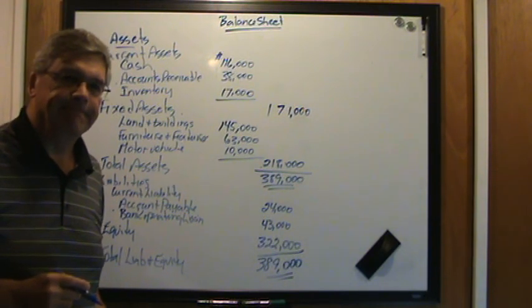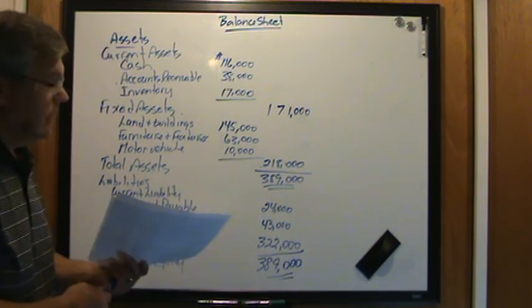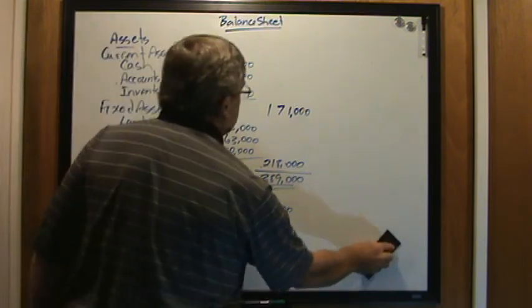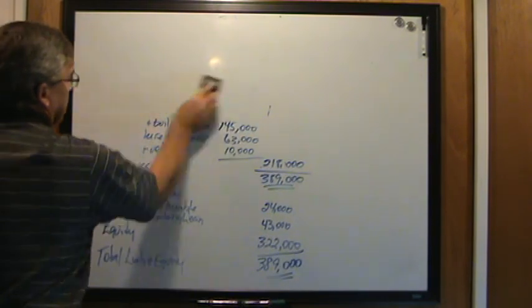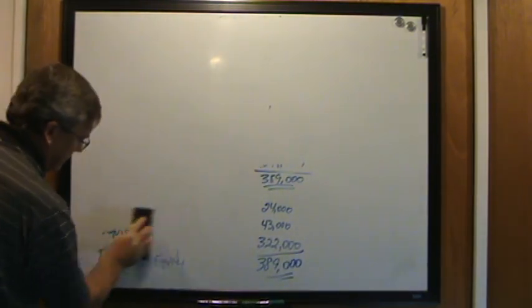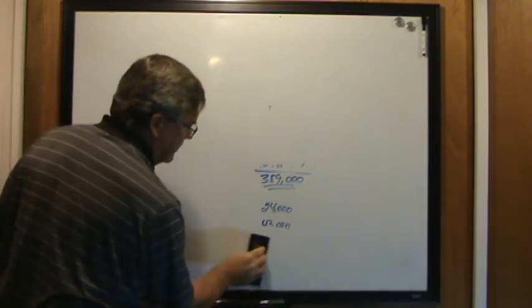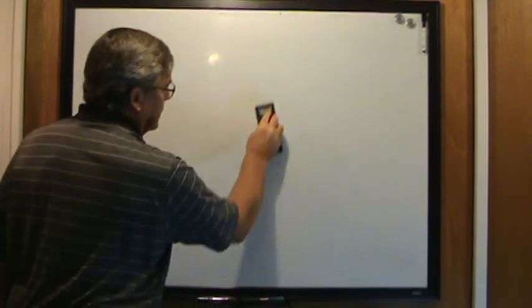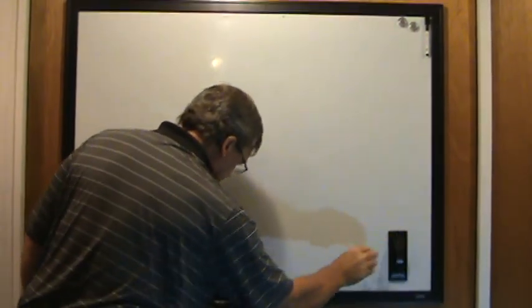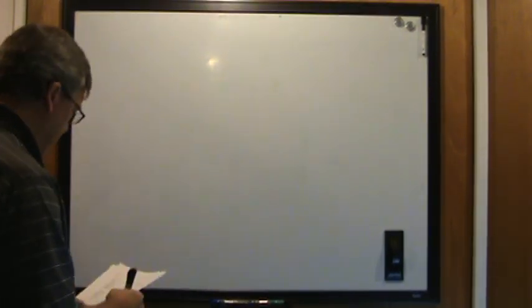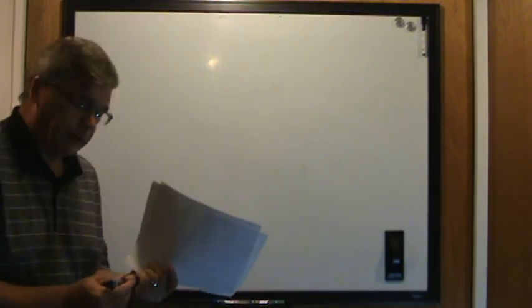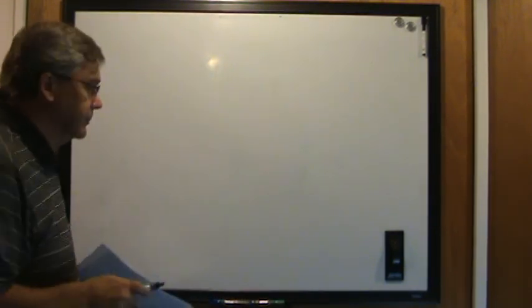Okay? So let's talk about question 1 of this assignment. Question 1 was to take the third year of the little shirt selling business that we started up. We were asked for the cash flow, the income statement, and the final balance sheet.